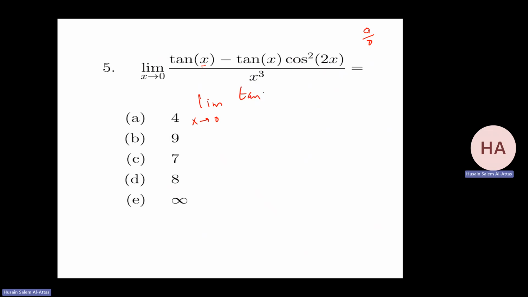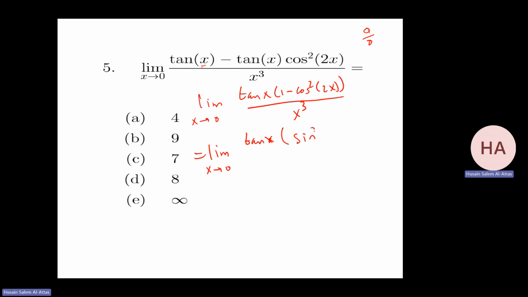Let me take tan as a common factor over x cubed. Okay. So I have limit, x goes to 0, tan x over x. Oh, before that, what is 1 minus cosine square? 1 minus cosine square, this is what?